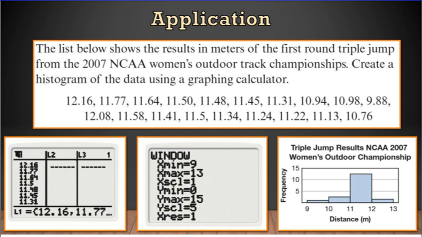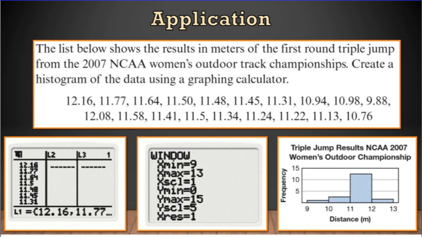Application problem. The list below shows the results in meters of the first round triple jump from the 2007 NCAA Women's Outdoor Track Championships. Create a histogram of the data using a graphing calculator. And you can see the distances listed there. To do that, I have some pictures listed on where you need to put your information.